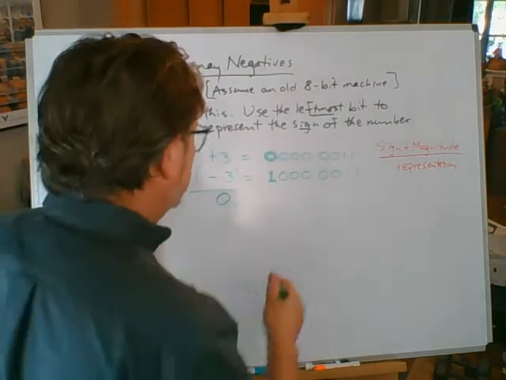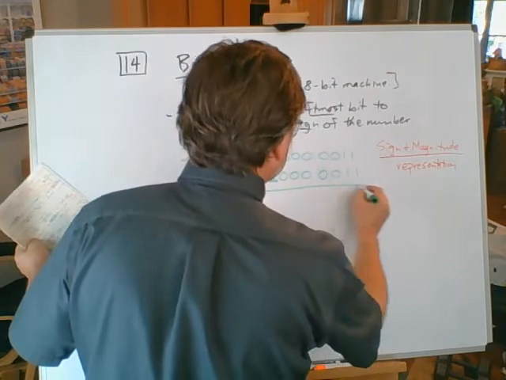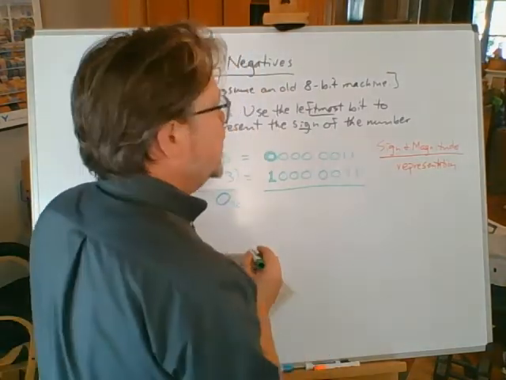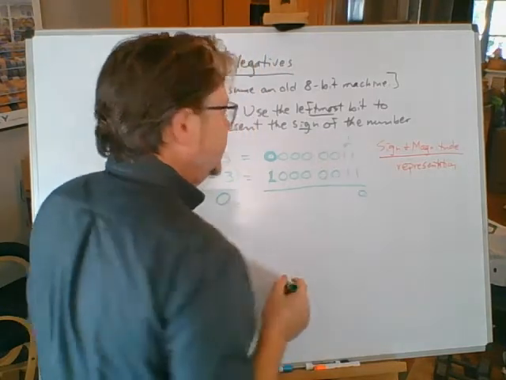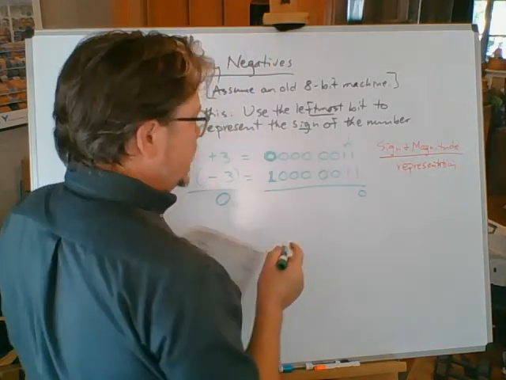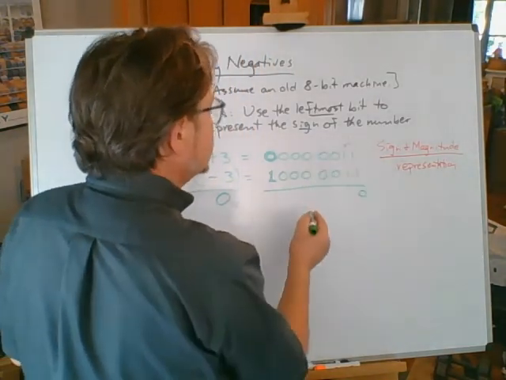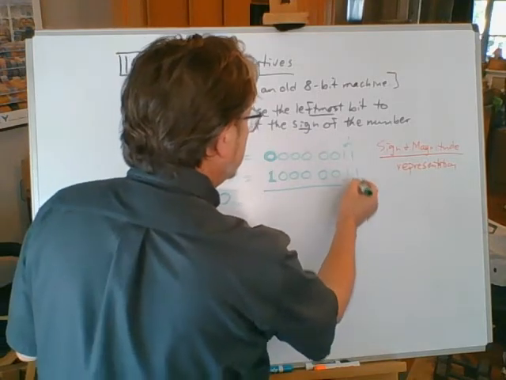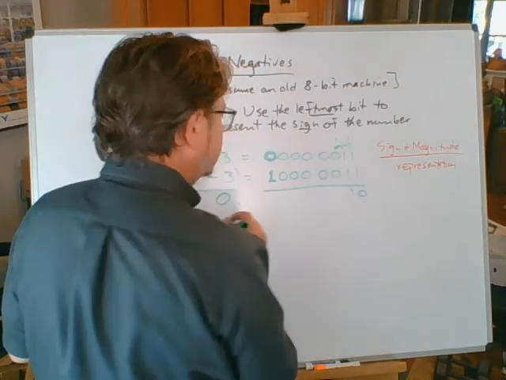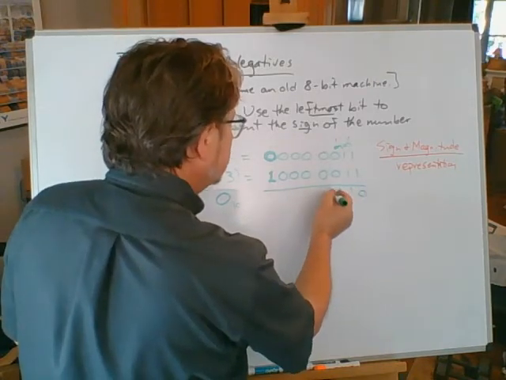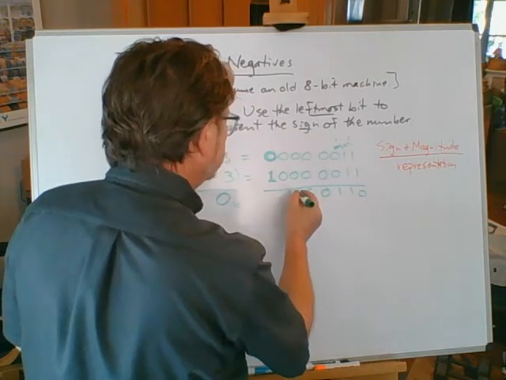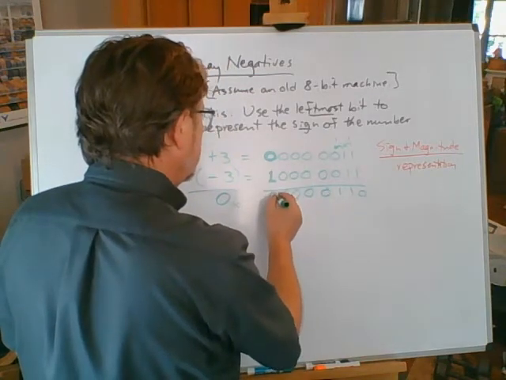Now let's add these up. 1 plus 1 in binary is 2, but you put a 0 and carry a 1. Old time's sake, a review of binary addition. 1 plus 1 plus 1 is 3, but I put a 1 and carry a 1. 1 plus 0 plus 0. Finally an easy one, that's just 1. 0's all the way across. 0 plus 1 is 1.